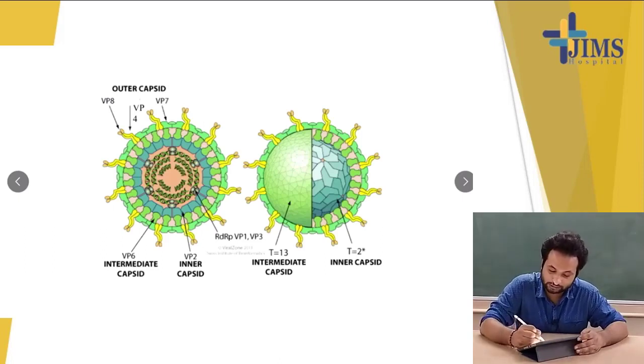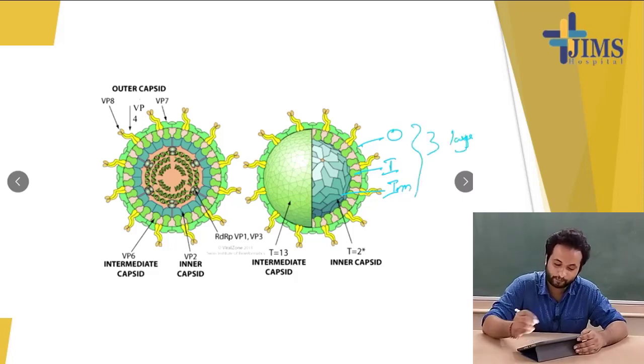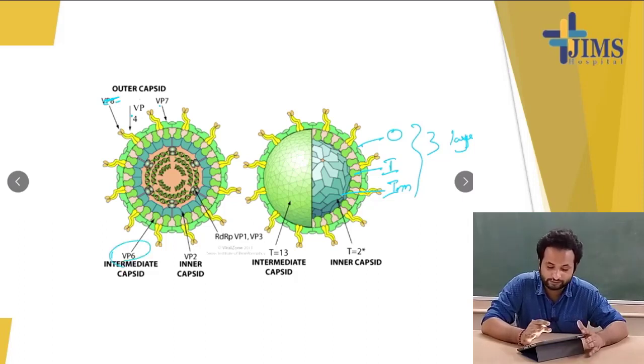You can see this is your outer, this is your intermediate, and this is your inner layer. So there is a three-layered capsid, and VP7 and VP4 are present in the outer capsid. The intermediate capsid has VP6, which is group specific, and the inner capsid has VP2.